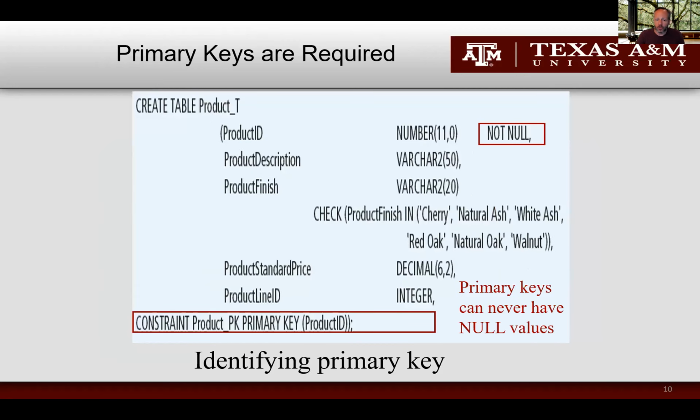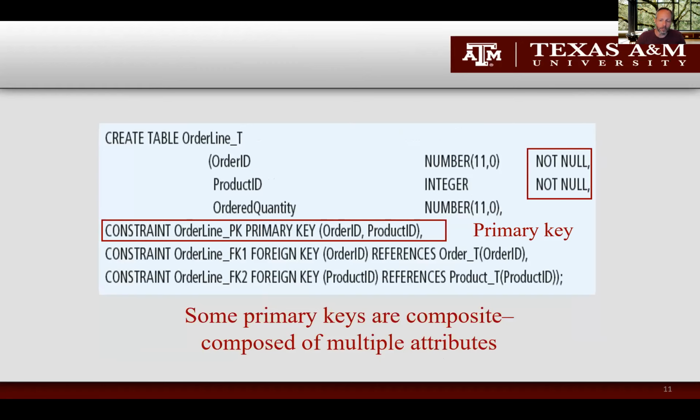This next one also talks about obviously not null, so making sure that we have to have not null for our primary keys. Anything else is allowed to be nullable. Sometimes we have primary keys that are composite. So for that order line table, not only did it have 2 foreign keys, FK1 and FK2, but it also had a primary key, which is the combination of those 2 fields.